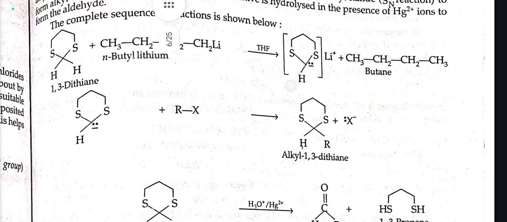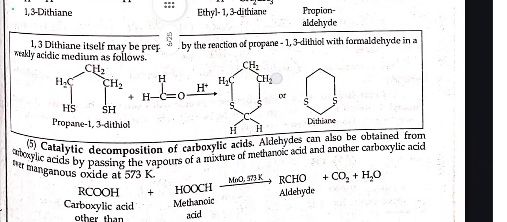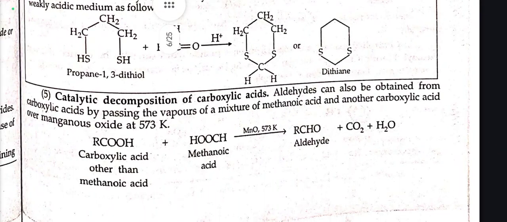Fifth method is catalytic decomposition of carboxylic acids. Aldehydes can also be obtained from carboxylic acid by passing the vapors of a mixture of methanoic acid and another carboxylic acid over manganese oxide at 573 Kelvin.